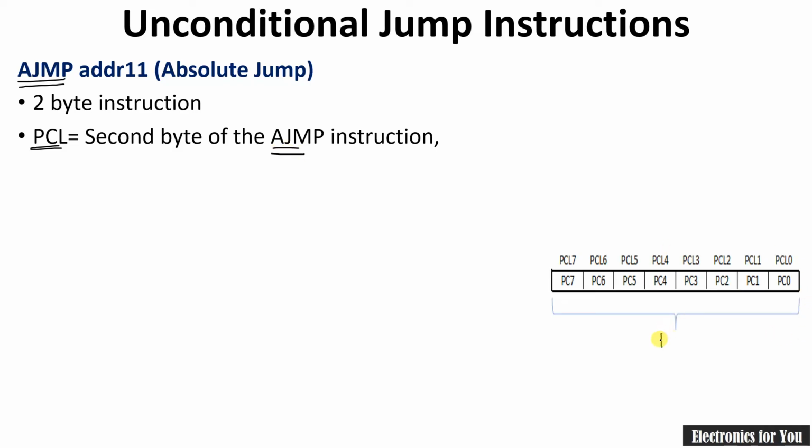As we are talking about the lower byte, it is 8 bits, from PCL0 to PCL7. All these 8 bits are used out of these 11 bits. So whenever we talk about this 11-bit address, 8 bits come from the PCL.